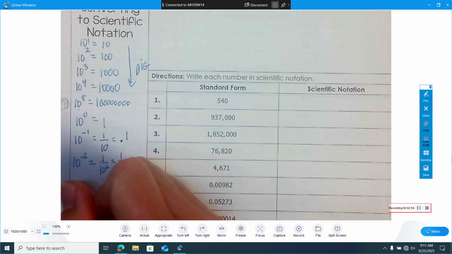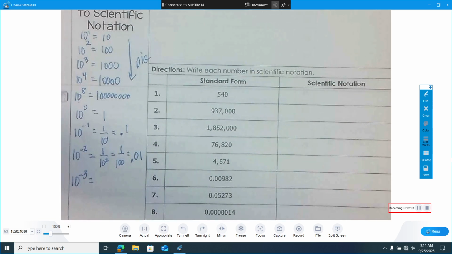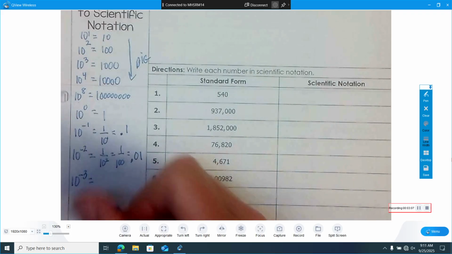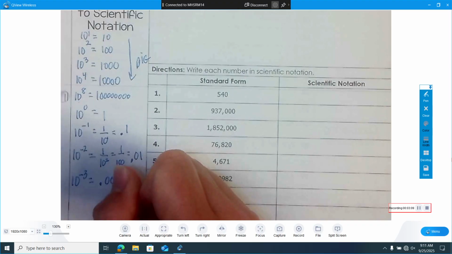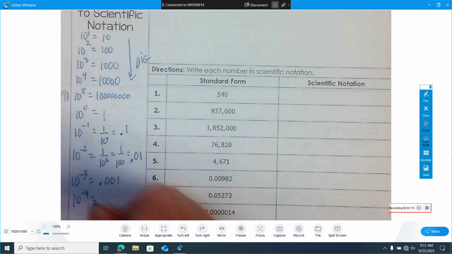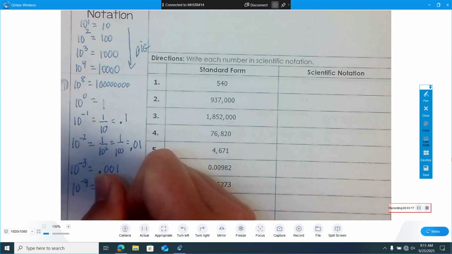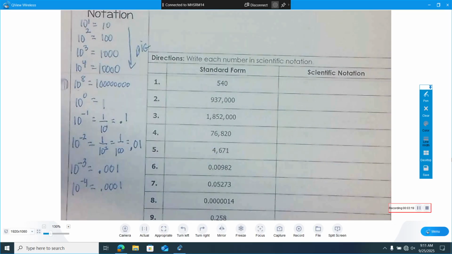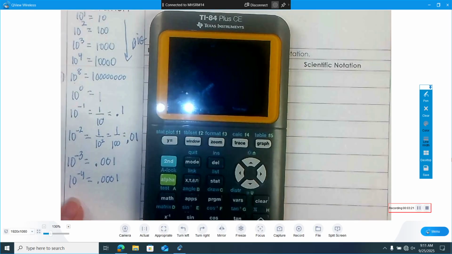All right. What is 10 to the negative 3? 0.001. It is 1/1000th. And 10 to the negative 4 is what? 0.0001.